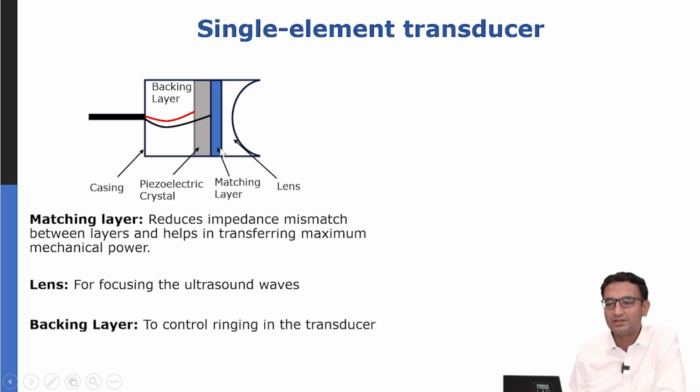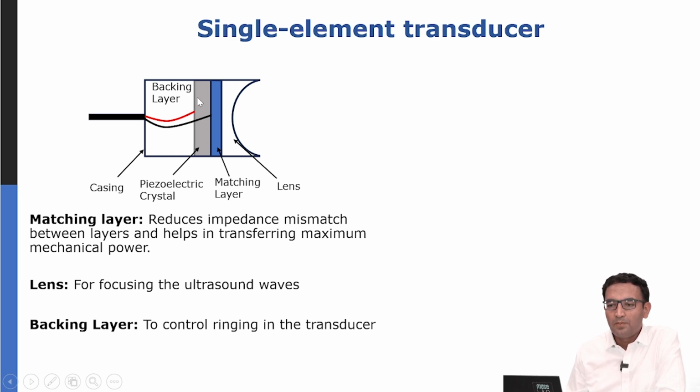We'll discuss more on this later. And then there's a lens. Here you see a concave lens which is used for focusing. In ultrasound, the focusing lens properties are a little bit different from optics. In optics, generally you know that if we want to focus, we use a convex lens. But here we will see that a concave lens will serve the same purpose. More on that later.